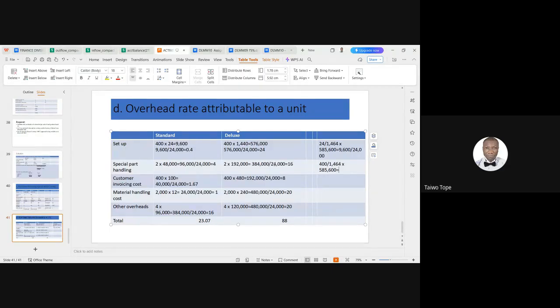Somebody should compute this for me. Let me get the result. Please compute this: multiply this by 1,440 divided by 1,464, multiplied by 585,600.